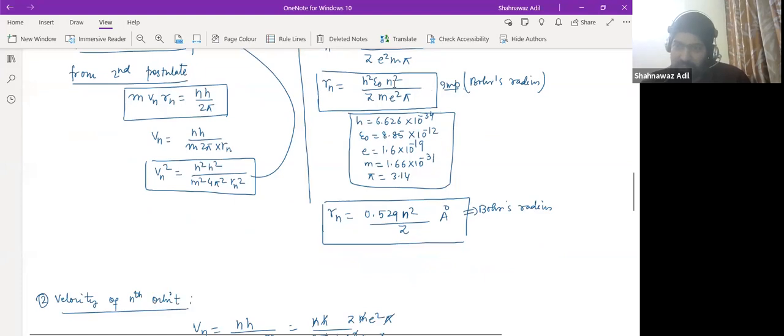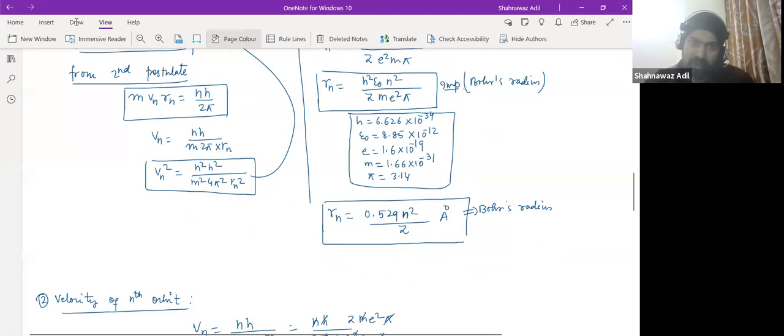So remember, this is in meters, and if you put all these values, then we'll get this thing into 10 to the power minus 10 meters, right? So let's say I want to calculate the radius of the first orbit.